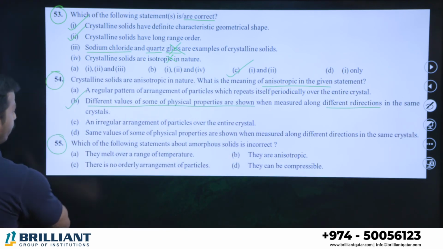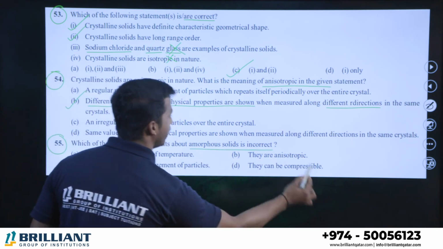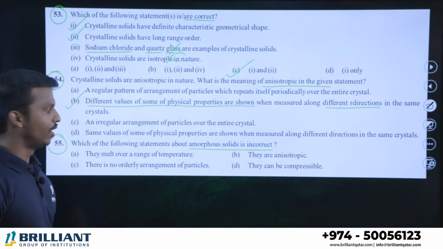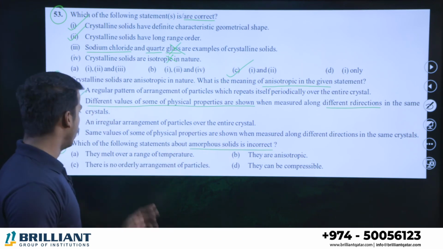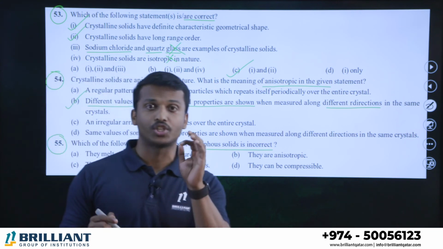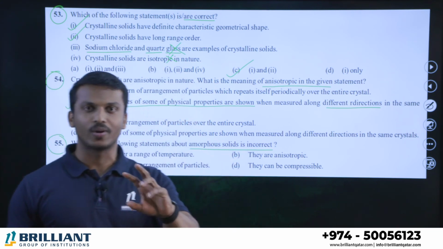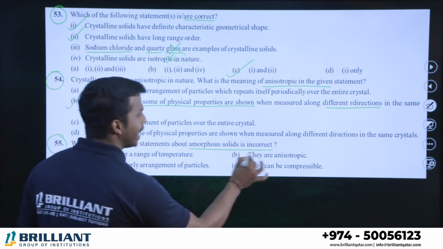Question number 55. Which of the following statements about amorphous solid is incorrect? They melt over a range. No. Crystalline solids have a sharp melting point, amorphous solids have a range of melting point. That's a correct statement. They are anisotropic.